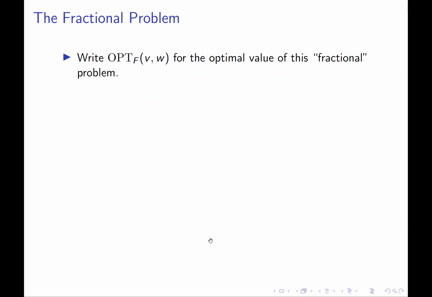But it's some optimization problem. It does have some optimal solution. And so let's write some notation to refer to this optimal solution. We'll write opt f of v and w to denote the optimal solution to the fractional knapsack problem, given an instance of the knapsack problem defined by a vector of values v and a vector of weights w.